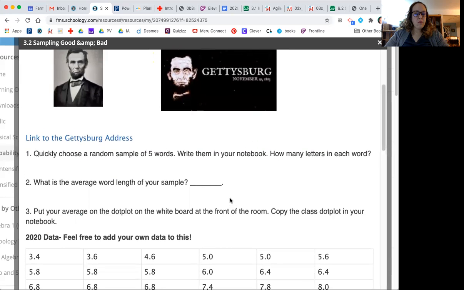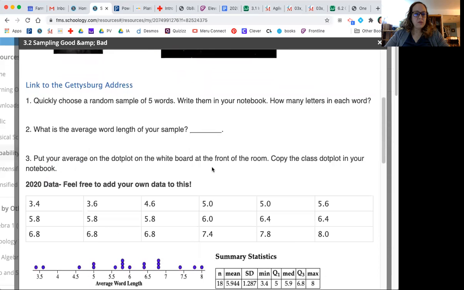So we're looking at the Gettysburg Address. We need to quickly choose a random sample of 5 words, write them in our notebook or on scratch paper, look at how many letters are in each word, and then find the average word length of your sample.